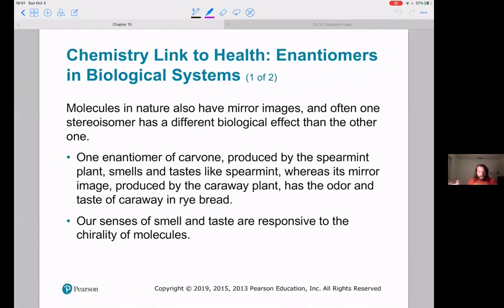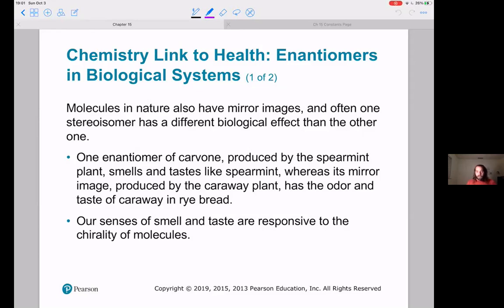Okay, enantiomers in our body. For the most part, two enantiomers will have the same physical properties. So the same boiling point, the same melting point, viscosity, molecular weight, all that sort of stuff will be the same.